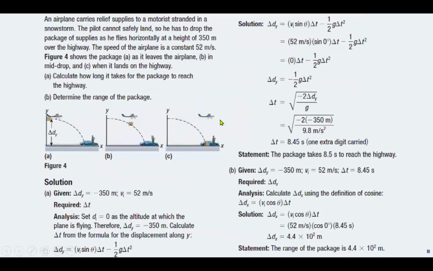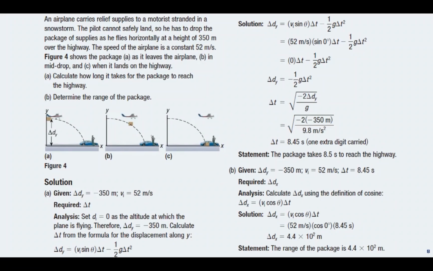Then let's have a look at the solution together. In question A, we are given delta dy, which is -350 meters, and the initial velocity is 52 meters per second. And we want to calculate delta t, right? So we can set the initial position, di, equal to 0 at the altitude at which the plane is flying.